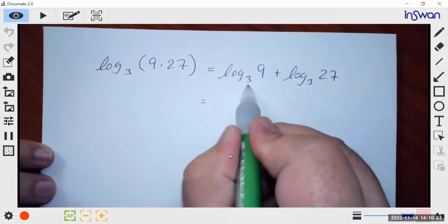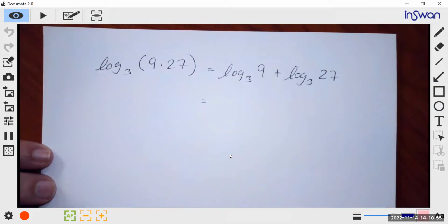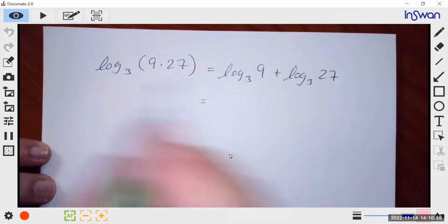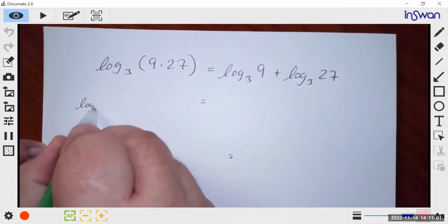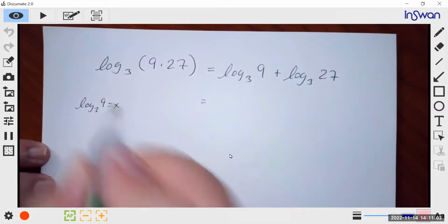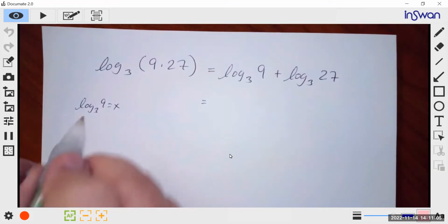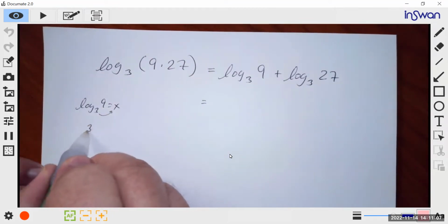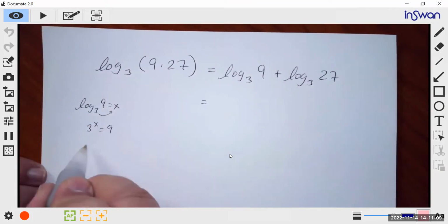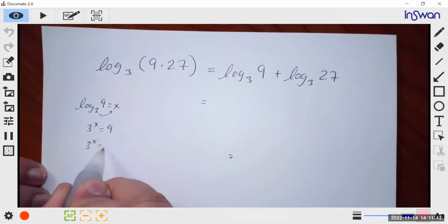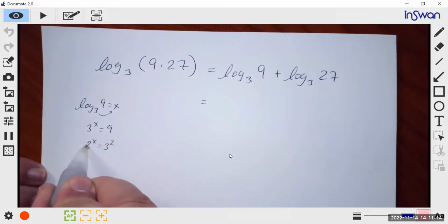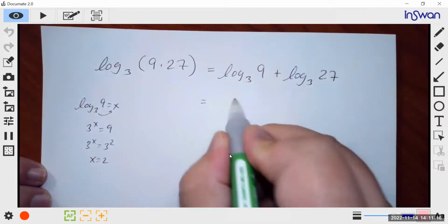So what is log base 3 of 9? Work it out. Log base 3 of 9 equals some number. 3 to the x equals 9. 9 is the same thing as 3 squared. So x equals 2.